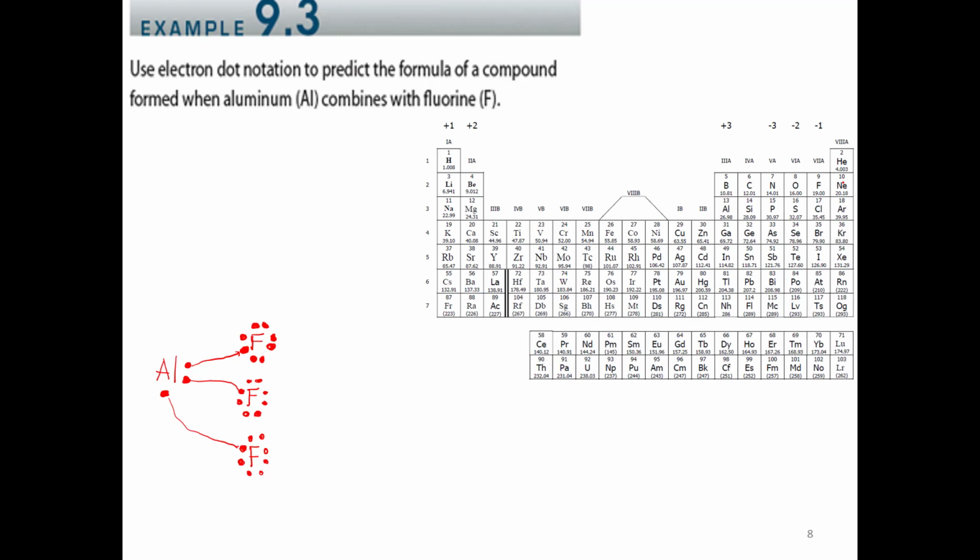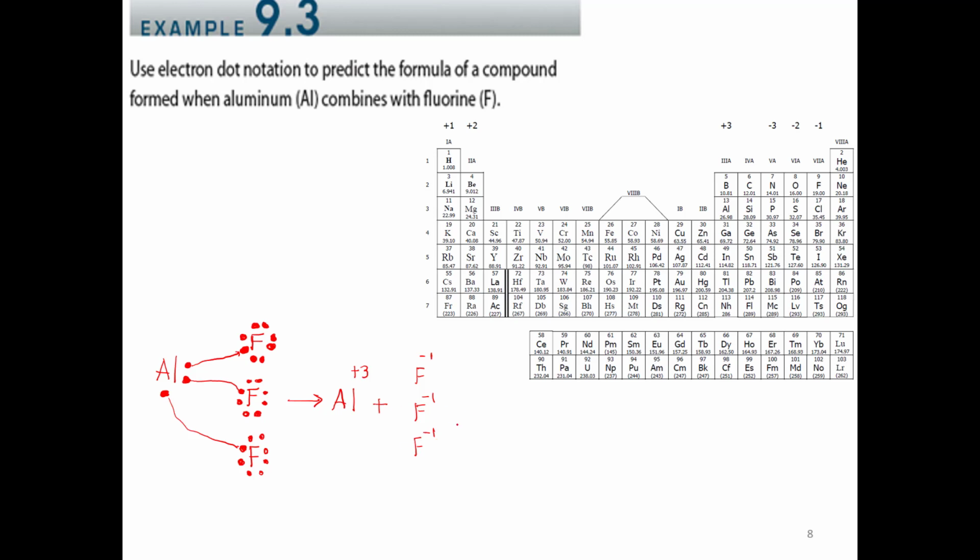Then both are stable. When these two react, what happens is aluminum becomes a positive 3 ion and each fluorine becomes a negative 1 ion.